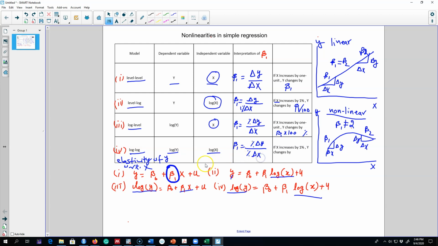That is why it is called the elasticity of y with respect to x. If x increases by 1%, y will change by beta percent. This is how you interpret different beta parameters based on whether your x and y variables are entering in the log form or in the level form.